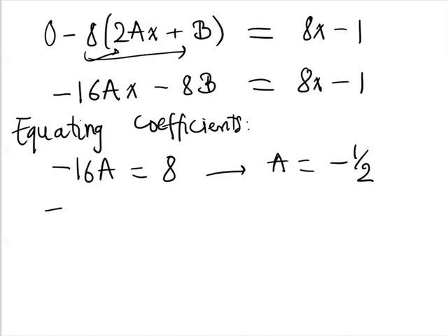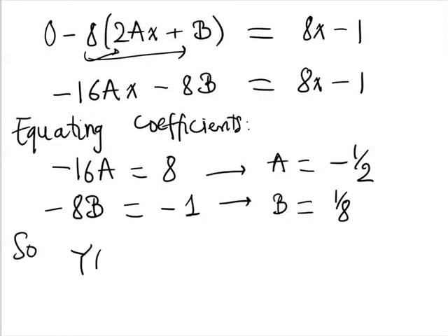And then minus 8b equal to minus 1. So we get b is positive 1/8. So we have found capital Y of x is minus a half x squared plus b x, so 1/8 times x.